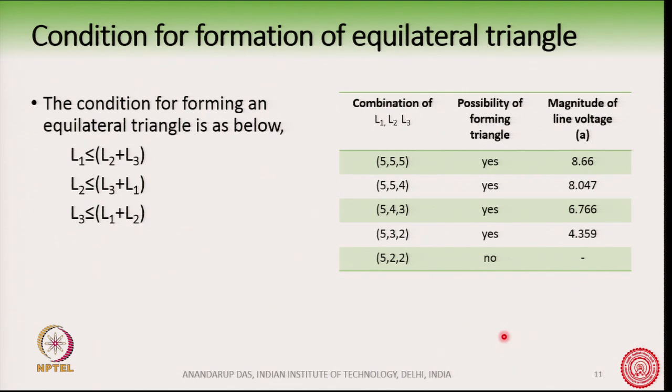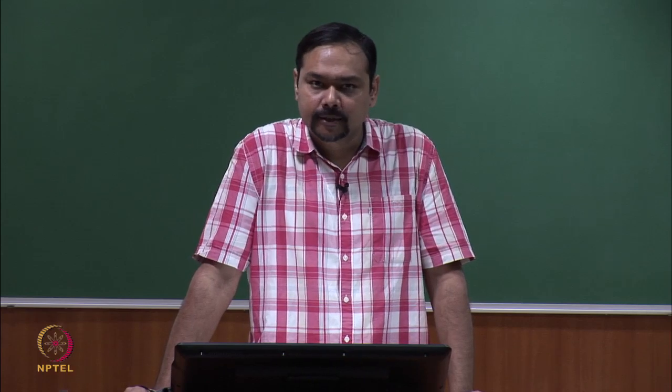That means we can never get balanced voltages. Of course, we can go up to 222 and get a balanced voltage. We can go to 422, we can go to 322, but we cannot get a balanced voltage from the 522 combination.